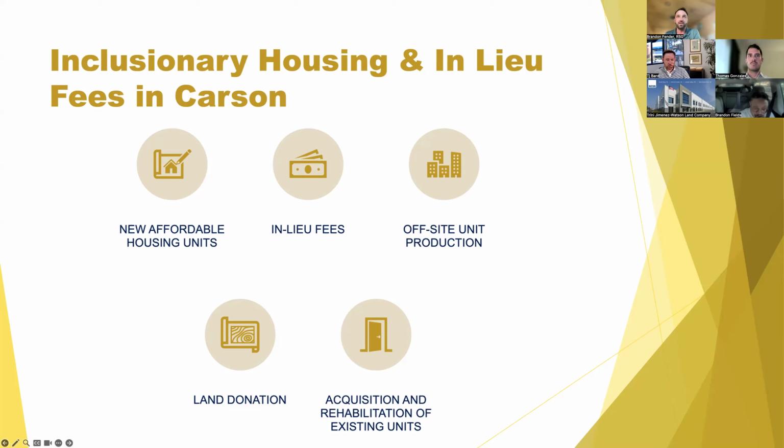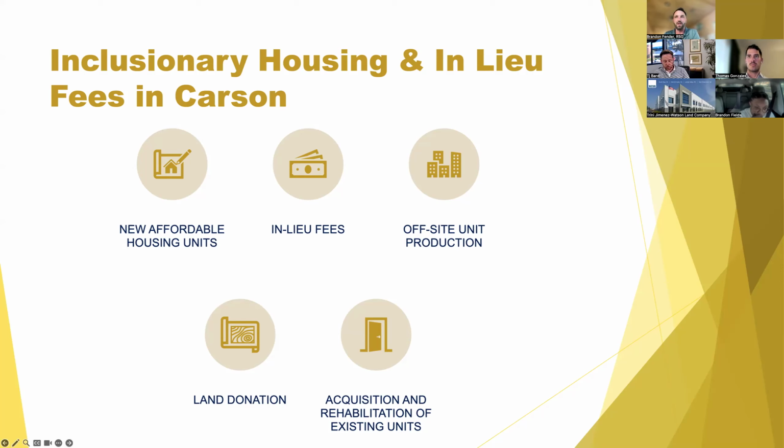Land donation is another common alternative means of compliance. In this option, developers would donate land in lieu of building the affordable units inside the mixed income project. This gives the city control over the locations of future affordable housing development sites, and the land would essentially become a funding source for future affordable housing development.